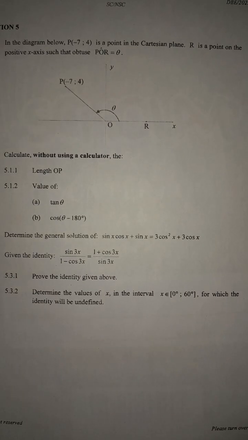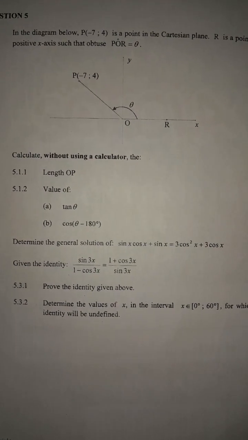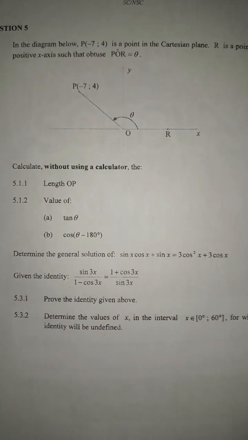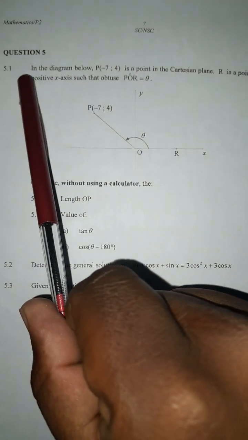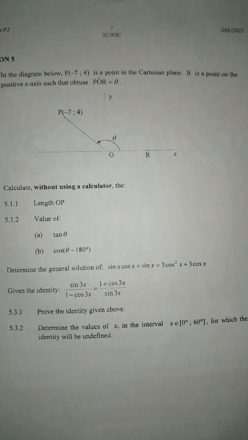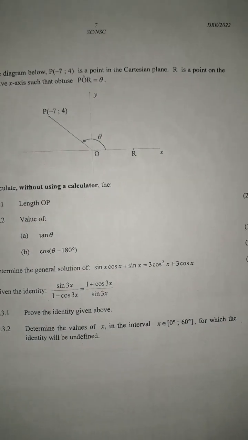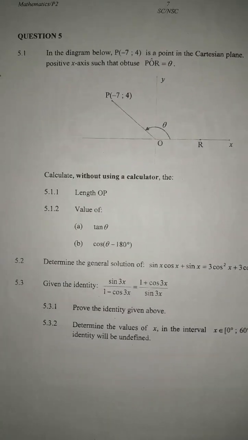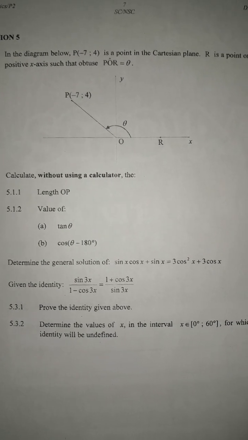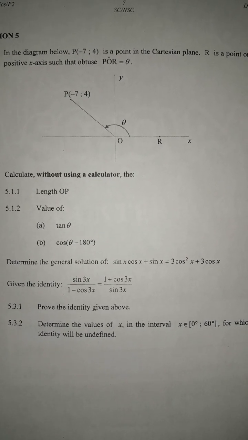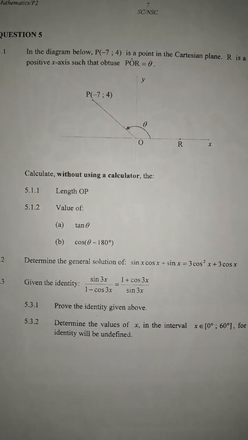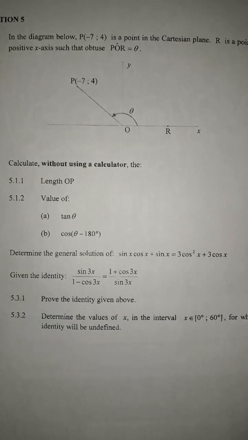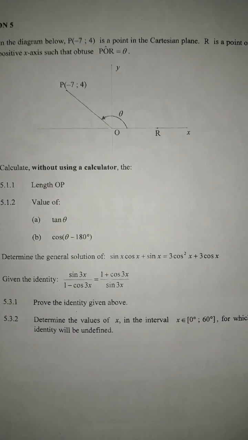Let's see which question we are going to focus on. We are specifically going to look at Question 5, as you can see from here. In the diagram, P is (-7; 4), a point on a Cartesian plane, and R is a point on the positive x-axis such that the obtuse angle POR is equal to theta.